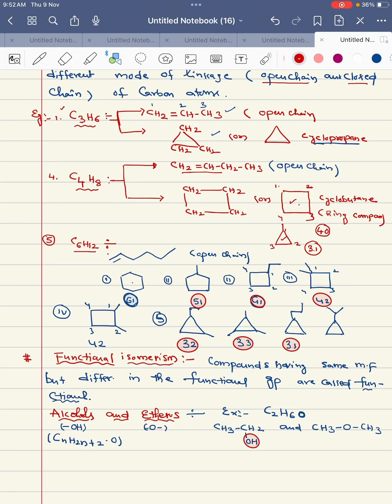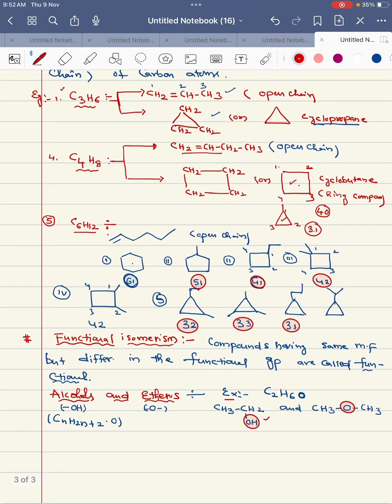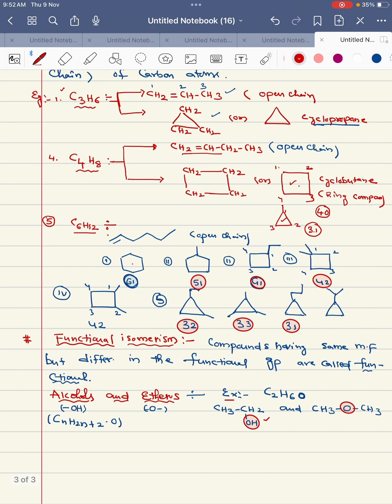The difference is in the attachment of the functional group. Here one OH group comes, here one O. Both are C2H6O. So alcohols and ethers are which type of isomers? Functional isomers of each other.